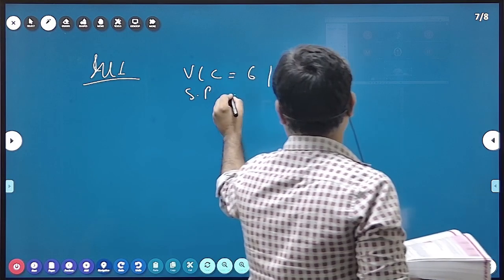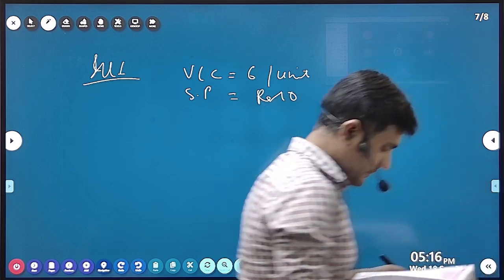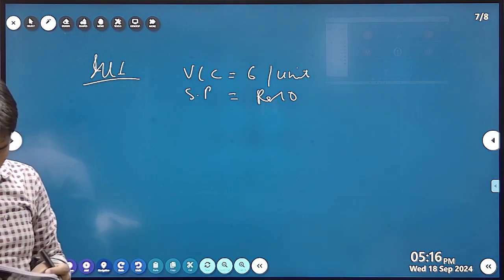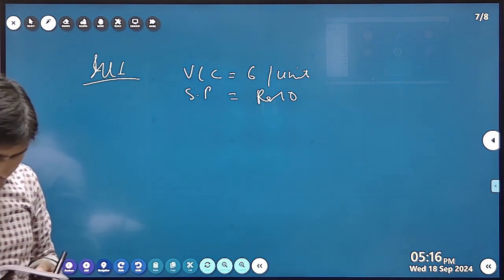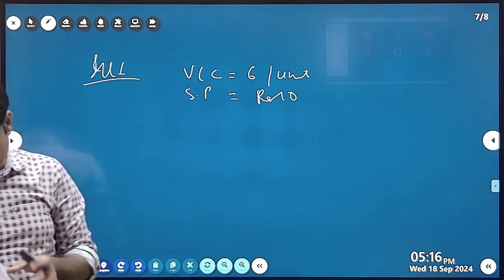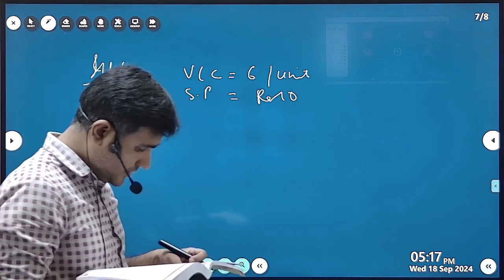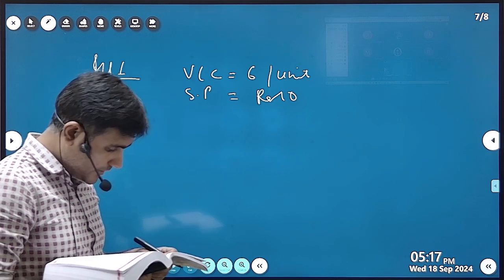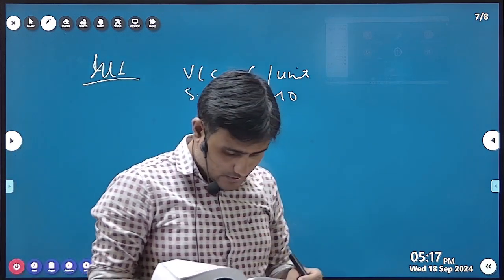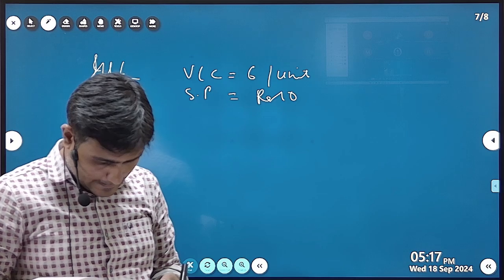Selling price equals rupees 10. At the beginning of September 21, there was no opening inventory, and production during the month was 20,000 units. Fixed cost for the month was 45,000. There was no variable marketing cost.